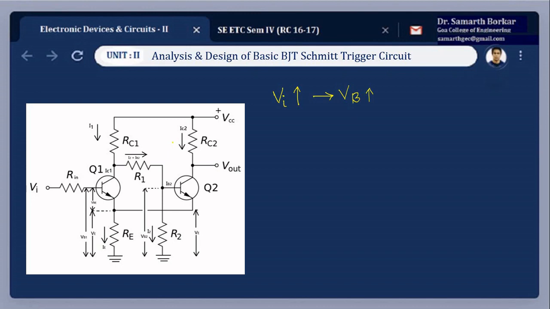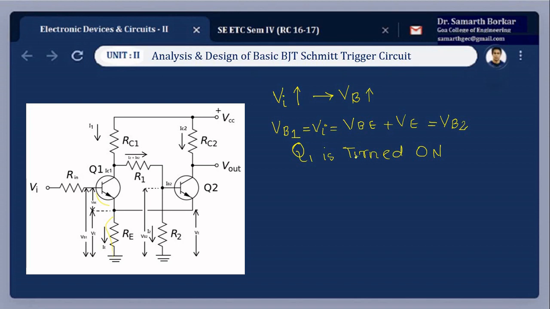So when VB1 equals Vi equals VBE plus VE equals VB2, we say that the transistor Q2 is turned on. So this input voltage Vi should be greater than or equal to the voltage VBE plus the voltage VE. The moment it reaches that particular voltage, the transistor Q1 is turned on.